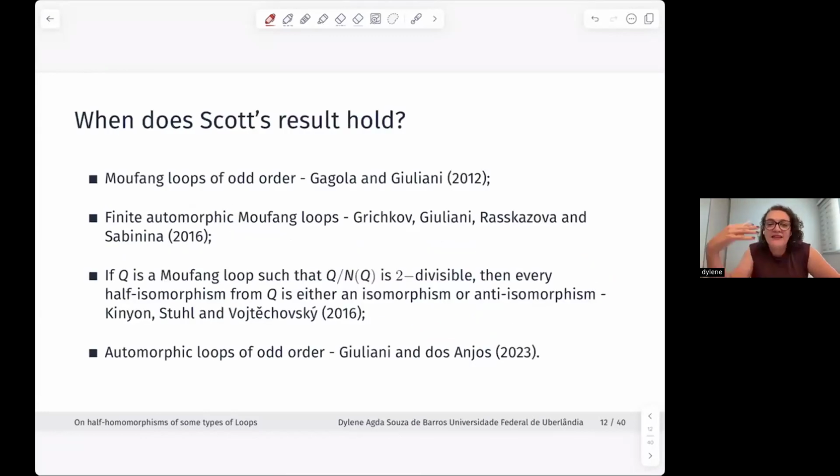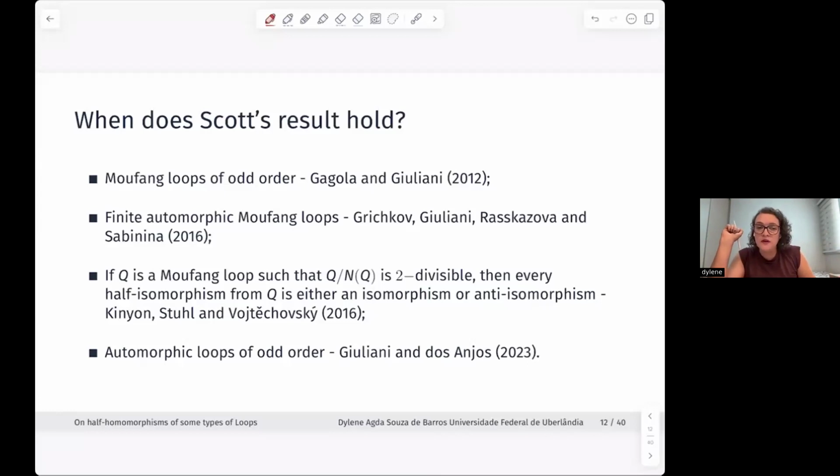So when does the Scott result hold? For Moufang loops of odd order, there is no proper half automorphism. What I mean is that every half automorphism of Moufang loops is either an automorphism or an anti-automorphism.